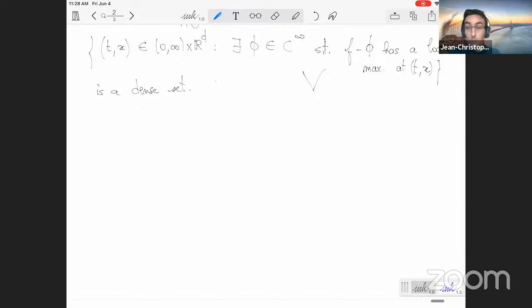The way I think about it is that I hover above the function with my smooth function and I lower it until the first moment it touches, and then I stop. But the way I'm going to get closer and closer is that I'm going to try to touch this point here, let's say, using smooth functions which are sharper and sharper. Like let's say parabolas which become extremely spiky.